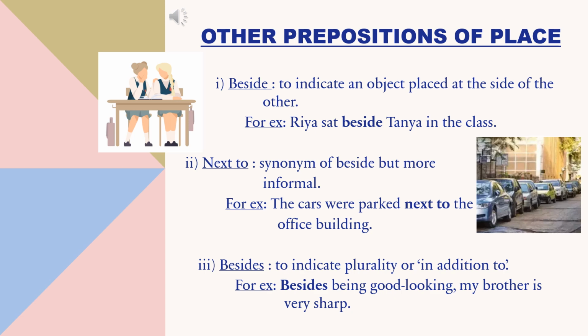For example, besides being good looking, my brother is very sharp. So we are talking about two qualities here, good looking and sharp. When we add on to the quality of good looking, we use the word besides. So he is good looking plus, or besides, he is sharp.